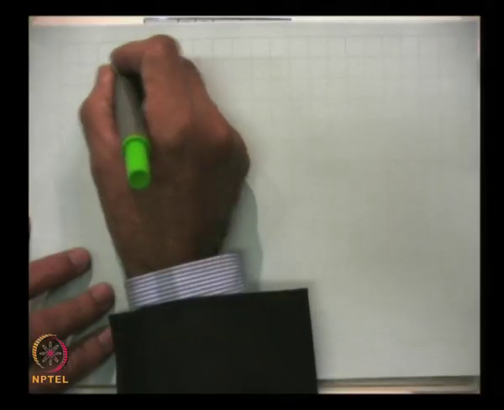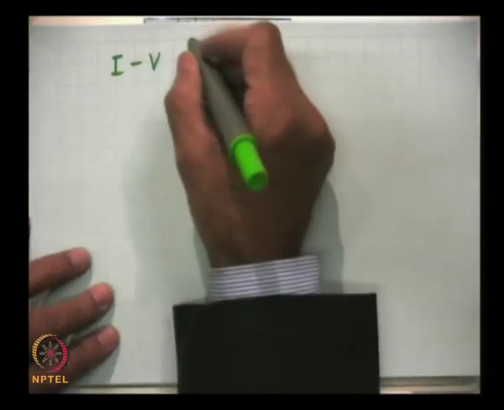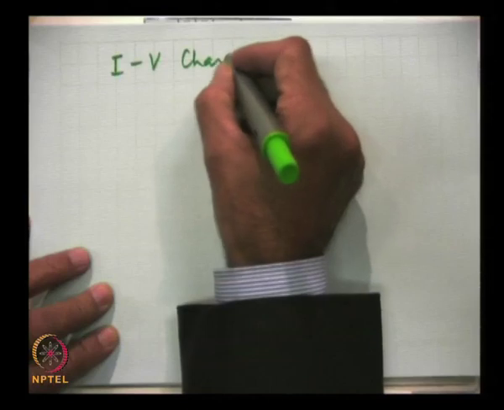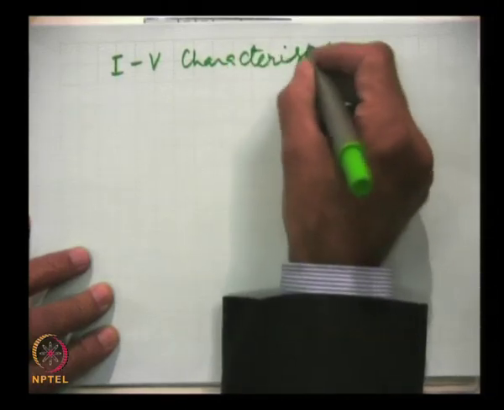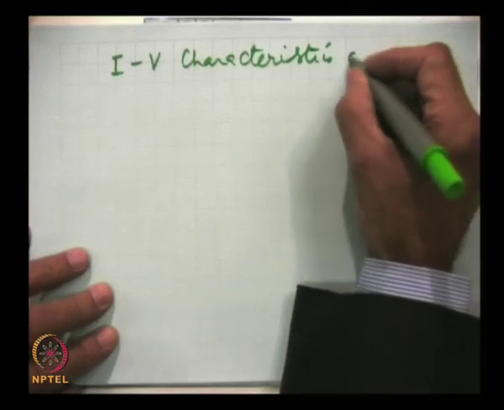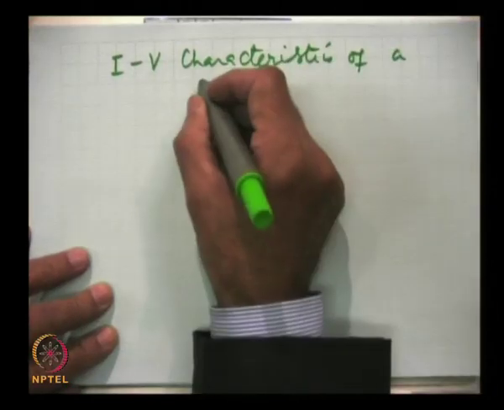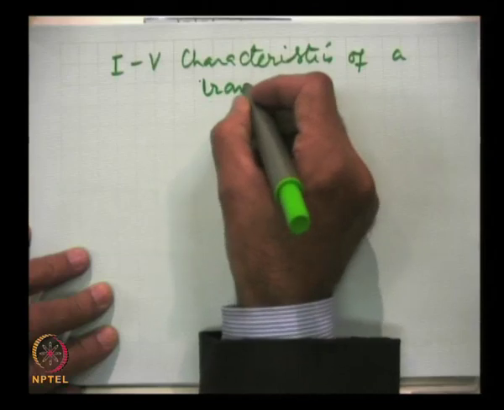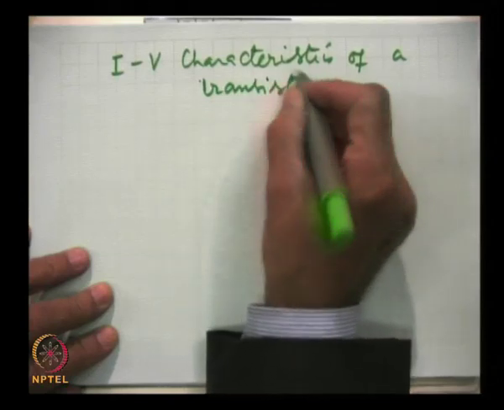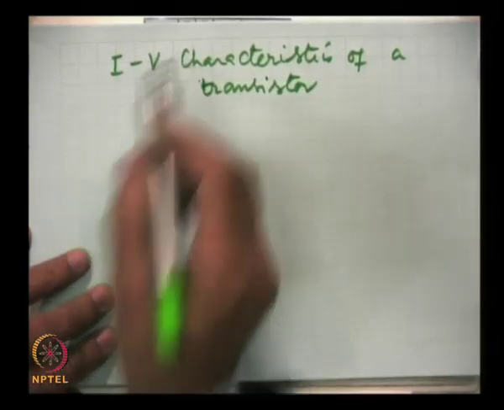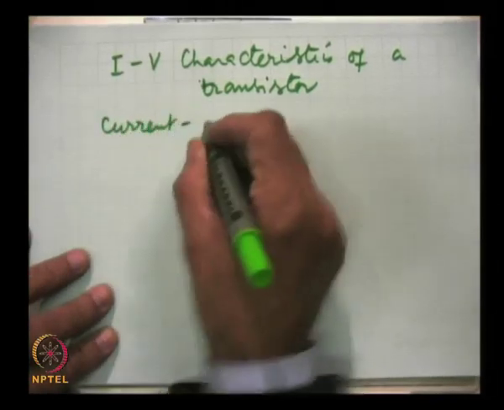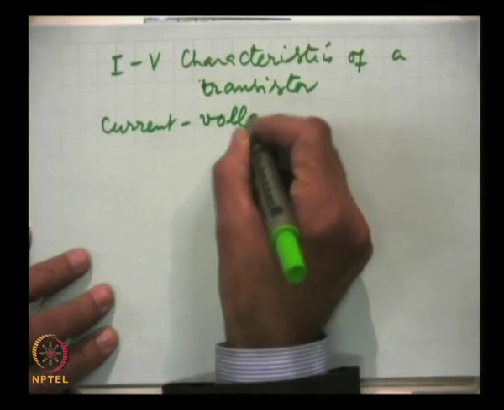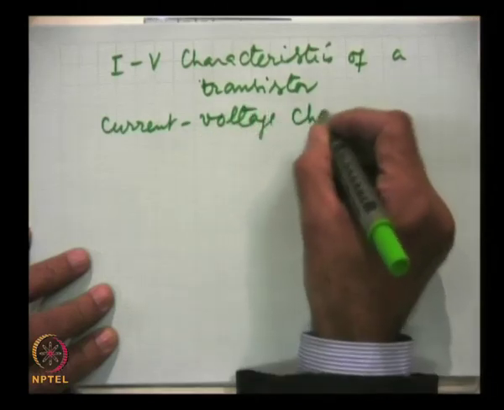IV characteristics, current voltage characteristics of a transistor.